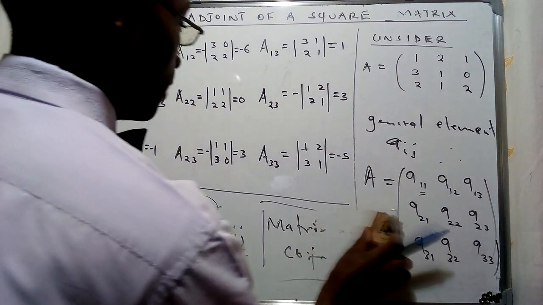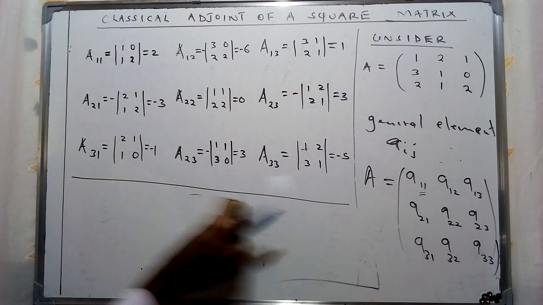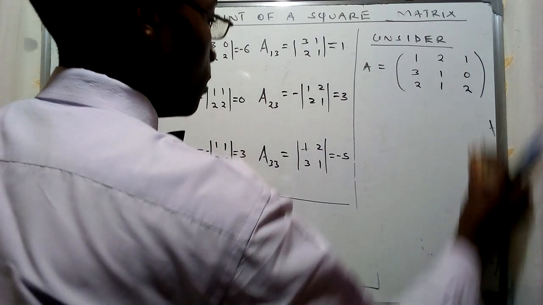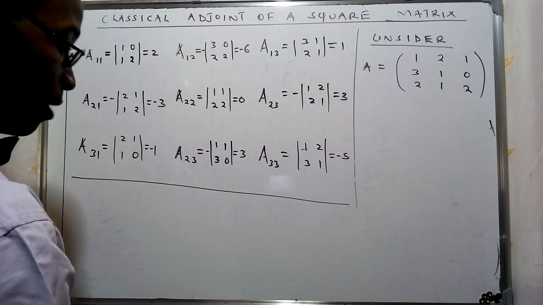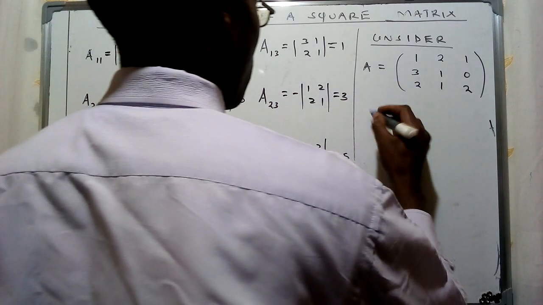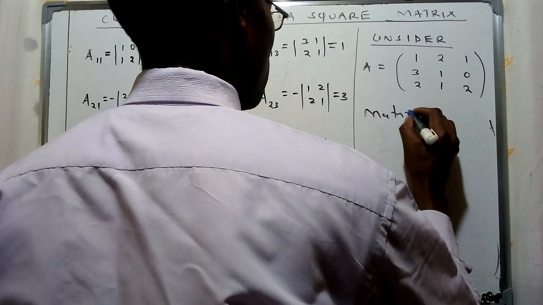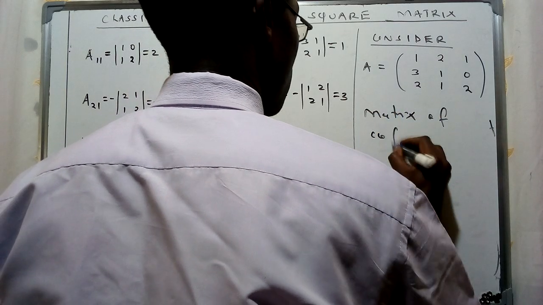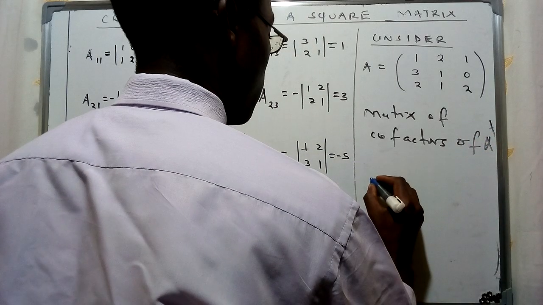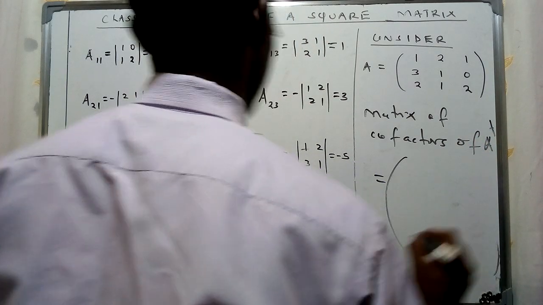So the result from the above is going to give us what we refer to as the matrix of cofactors. The matrix of cofactors of A is given in terms of this representation.